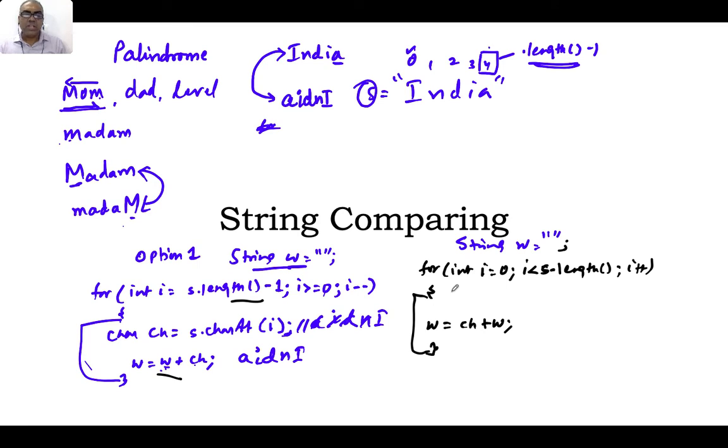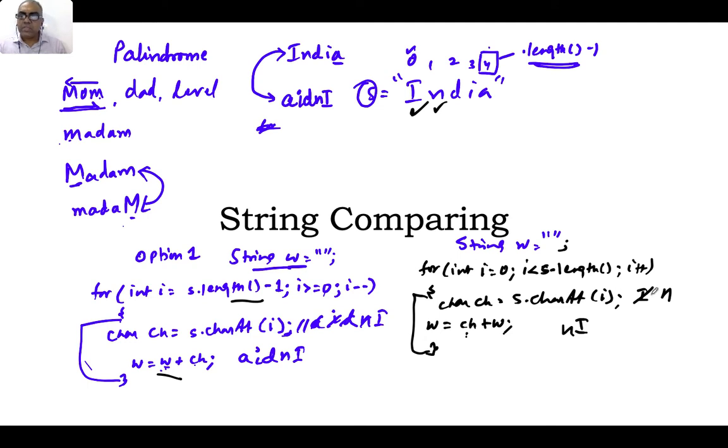So here what we are doing is reverse. Let's say I is equal to 0, we read index 0. So char ch is S dot charAt I. This is going to read I first because the position is 0. Now it says I plus nothing is I. The loop repeats, the next character the computer will read is N. N plus I is NI.